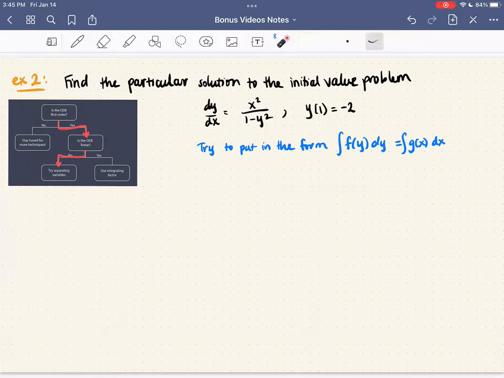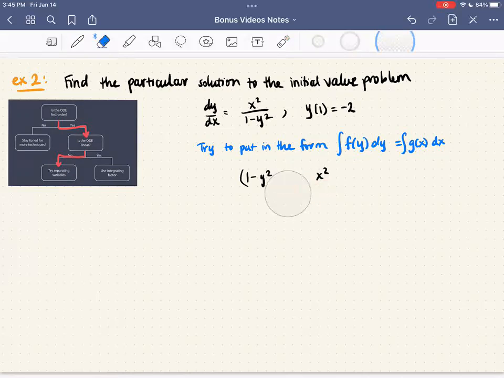Well, this one's a little bit easier than the last one even, because if I multiply this on both sides, I will have my expression involving y over here. I'll have an expression involving x on the right, and I can put the differentials with their respective terms. So I'd have 1 minus y squared dy dx equals x squared. But I can move this differential over.